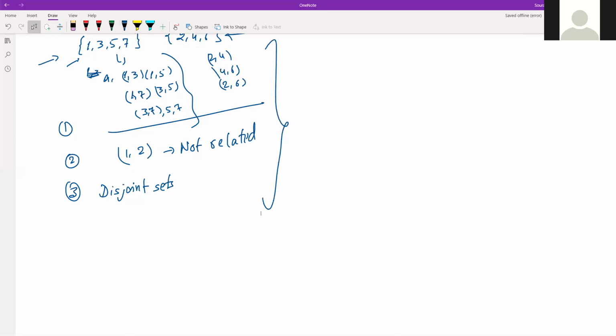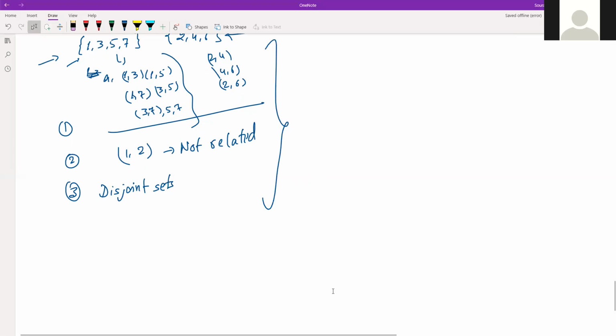All elements of 2, 4, 6 are related to each other, and all these things we have seen. So from this, obviously we can say that whatever we have got here is an equivalence class. Done. So that is about equivalence class and equivalence relation.